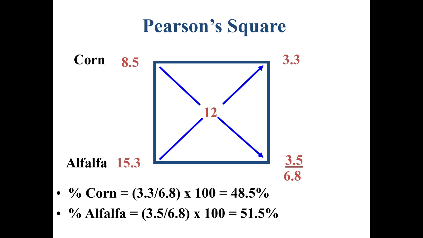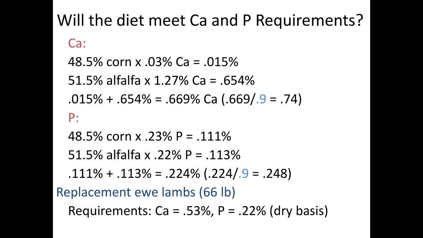Now that we've used the Pearson's square method to solve for the amount of each ingredient to be included in the diet that provides the desired level of protein, we need to determine whether the diet will meet the calcium and phosphorus requirements of these ewe lambs. For calcium, we have 48.5% corn in the diet, which we just determined using the Pearson square method, times 0.03% calcium.